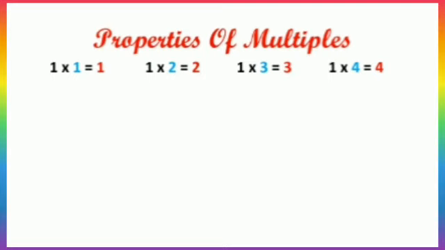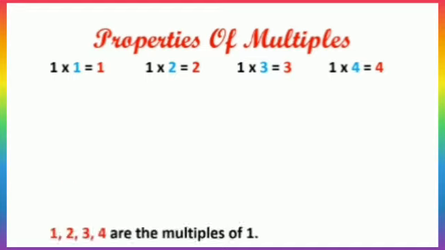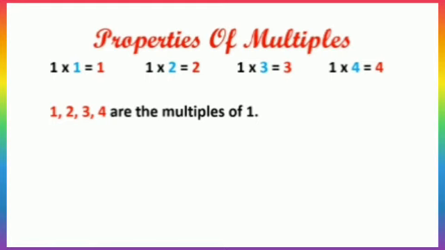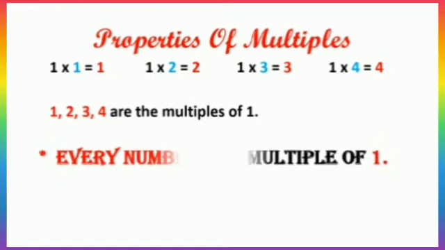Then I have multiplied 1 by 2 to get 2, 1 by 3 to get 3 and 1 by 4 to get 4. So, what do I see over here? That 1, 2, 3, 4 are the multiples of 1. So, the first property that we get from here is that every number is a multiple of 1.